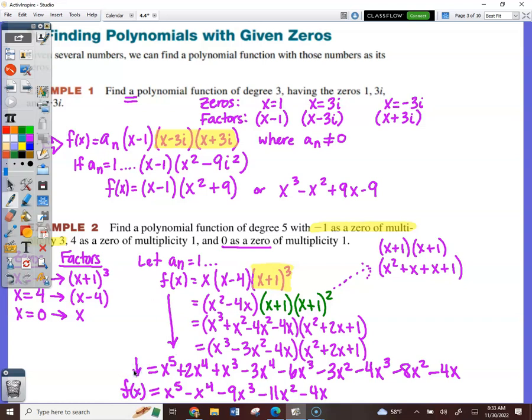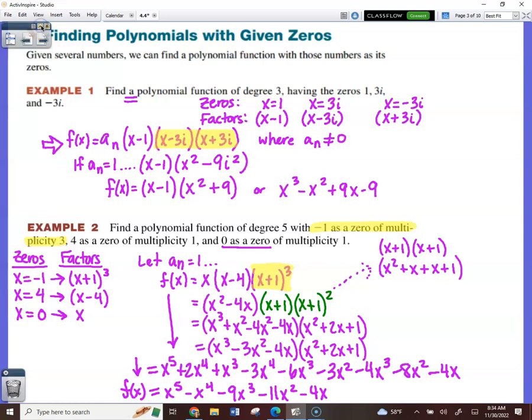And that is a polynomial that if I was to sit down and solve it all the way, I would come to, tie it all together, -1, repeated 3 times, and then 4, and then 0. That polynomial, if I was to solve it all the way down, I would come to these answers.